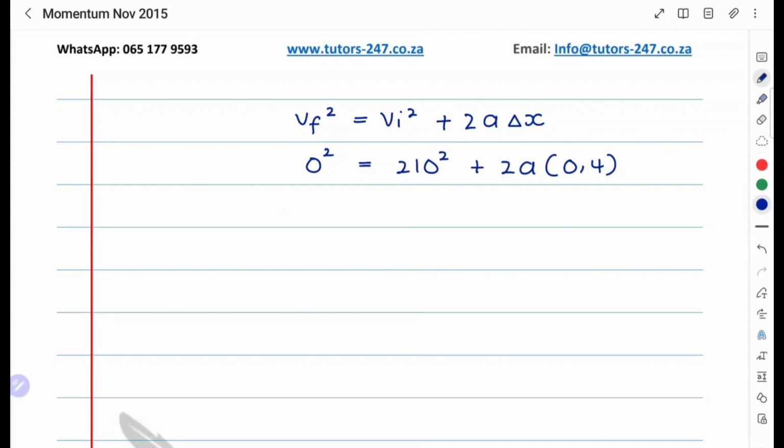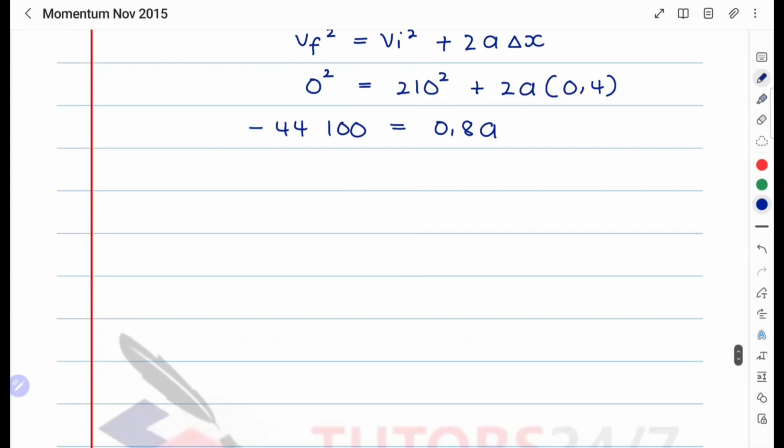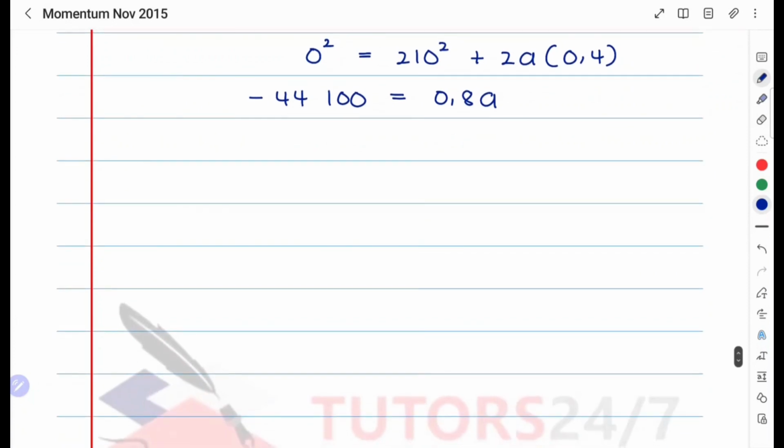I'm then going to move that to the left, making it negative 44,100, and that is equal to 0.8 A. From here, we can divide both sides by 0.8, and we therefore have our acceleration as equal to negative 55,125 meters per second squared.